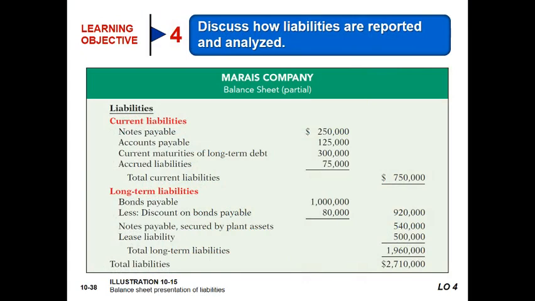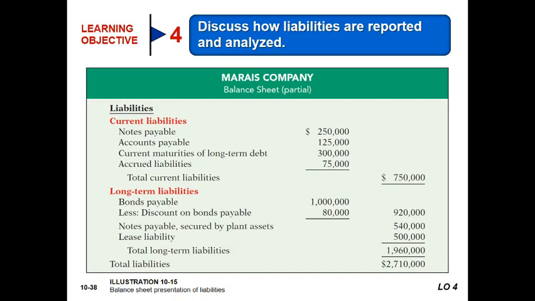So here I just want to show you generally how this would look on your balance sheet. You'll notice that your current liabilities and your long-term liabilities are separated. Bonds payable are showing in the long-term liabilities. The reason that they are represented here is that they are not due in greater than a year.